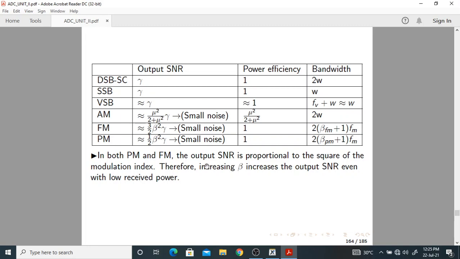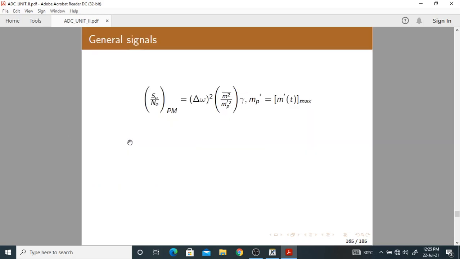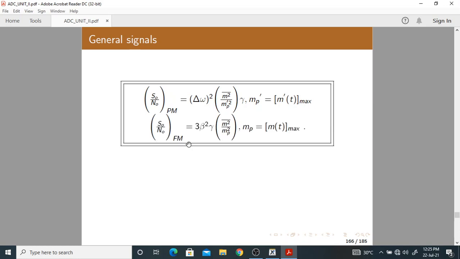In both FM and PM, output SNR is proportional to the square of the modulation index, which means they are proportional to beta square. Obviously, if you increase beta, SNR increases. Now, these are the output SNRs of PM and FM signals for general signals. Please be careful. Here I am not saying m of t is a tone modulation or tone signal.